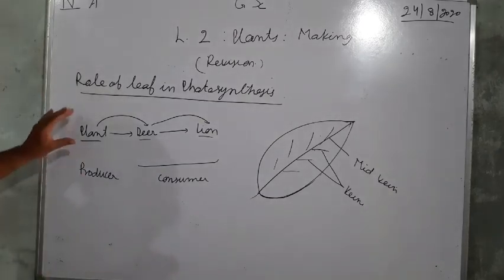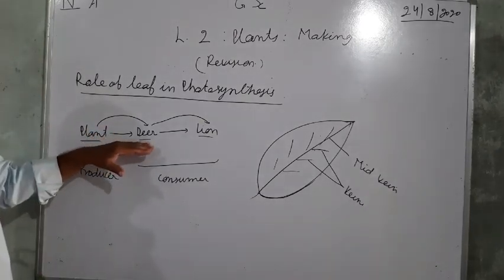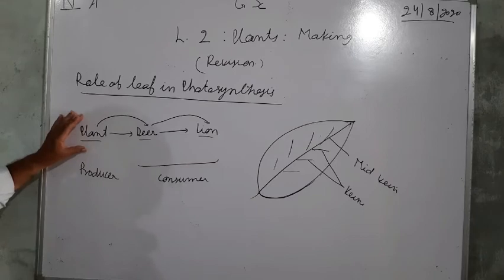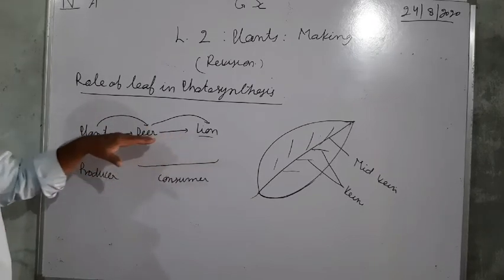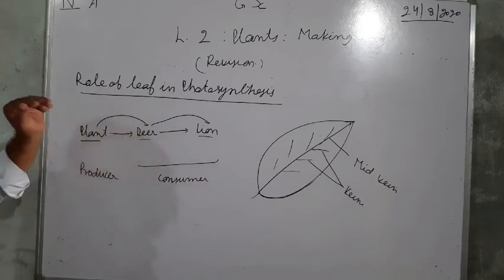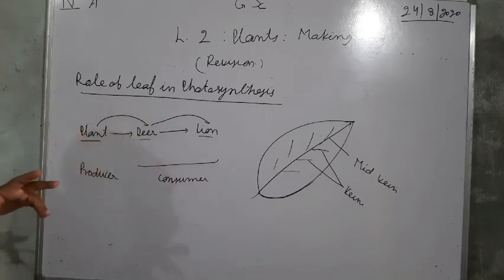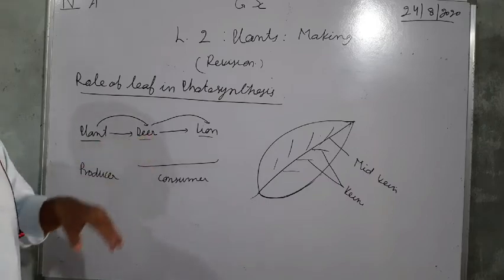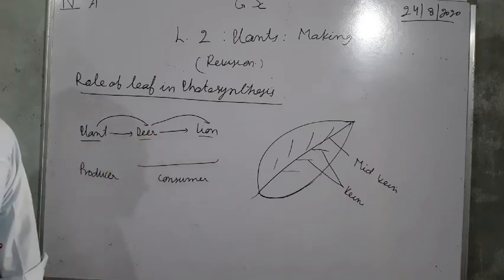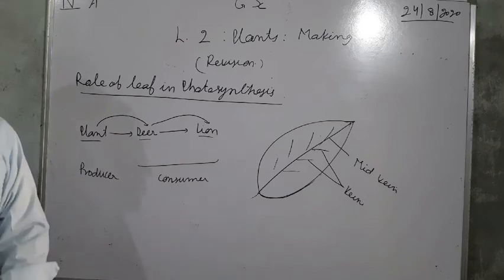In this way, the deer eats the plant and gets the energy, and in the same way the lion eats the deer and takes the energy. Suppose there is a sudden increase in the number of deer. Then what will happen?